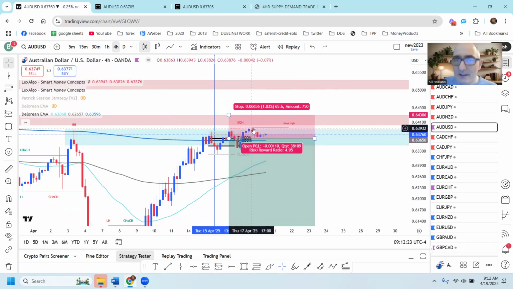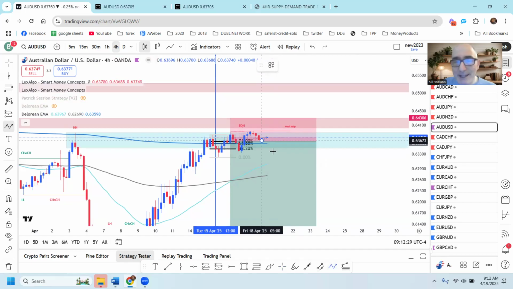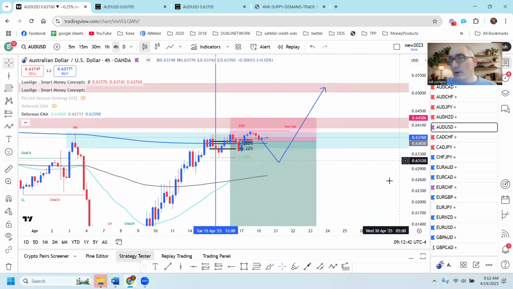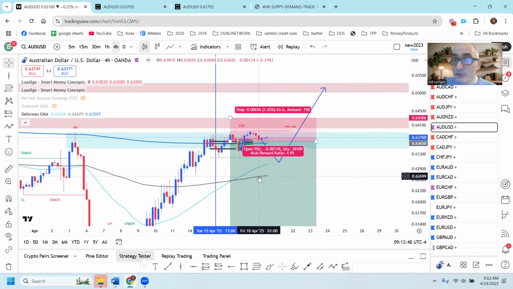And then as you can see here, it tries to move down and then it keeps going back up above again. And that's why this really looks to me that next week, this may make a slight move down, but more than likely it's going to end up going up through this zone, and it's probably going to look to get into this higher zone up here, which we're not going to want to trade from there anymore because now price is above the 800, the 50 is above the 200.